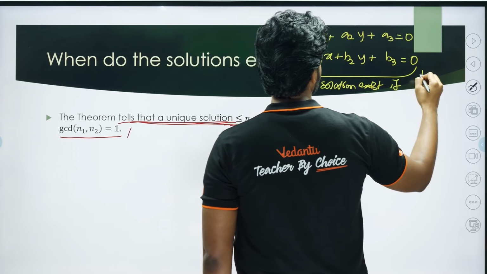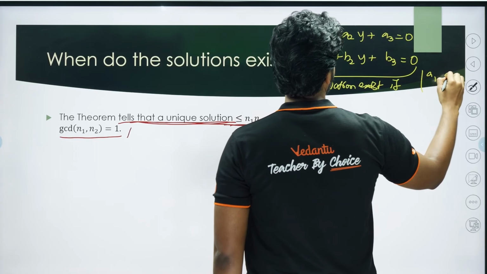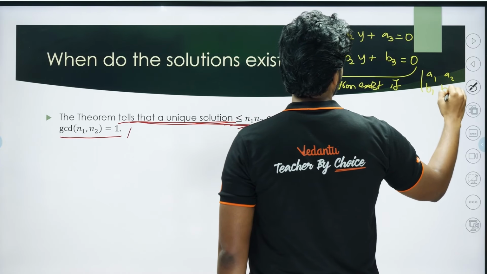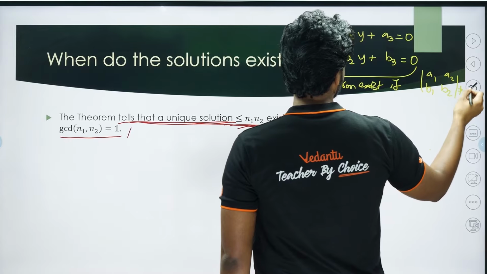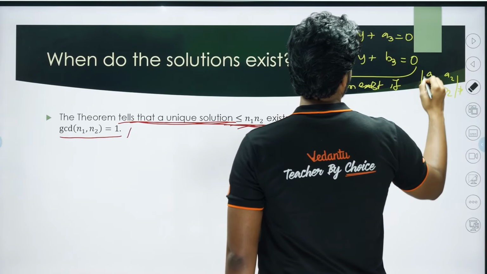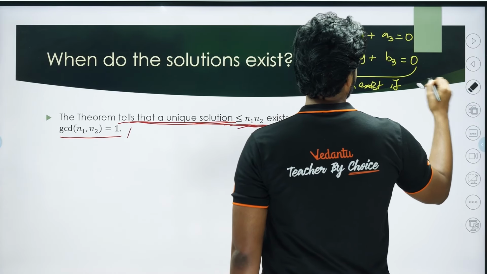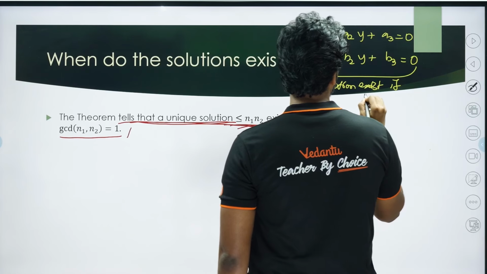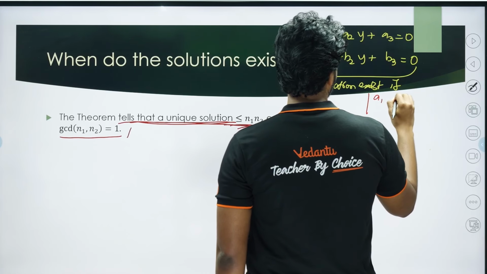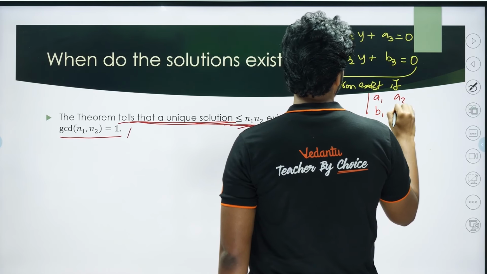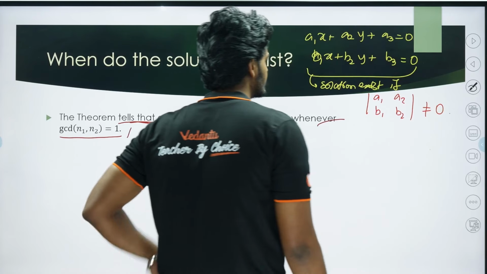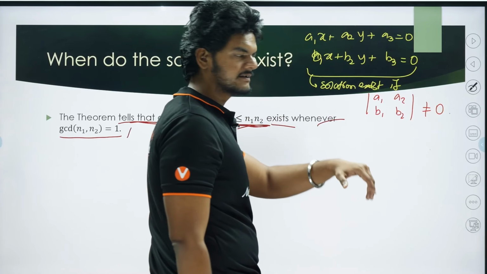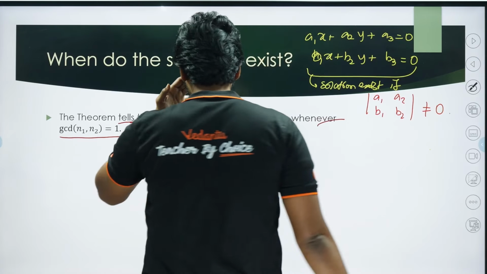That the determinant with rows a1, a2 and b1, b2 is non-zero, right? That's what the solution tells us. If this is non-zero, only then the solution will exist. That's what the linear equations tell us.